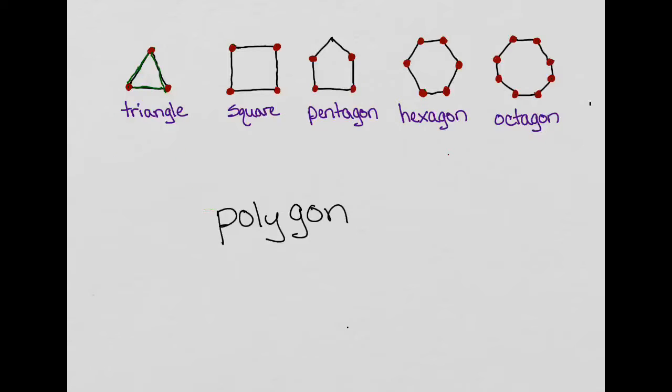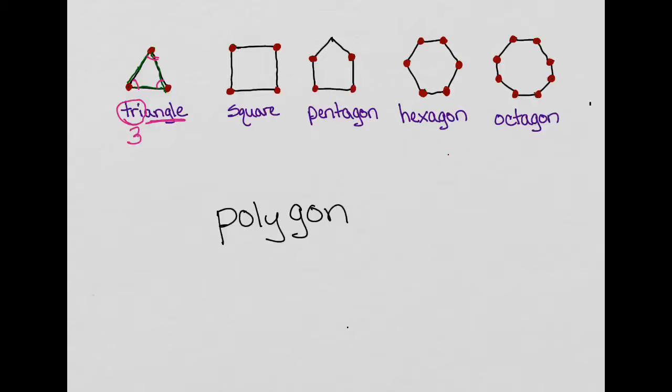Now, do you know why a triangle is called a triangle? Because tri means 3. There are 3 angles. There's 1, 2, 3. 3 angles. Triangle.